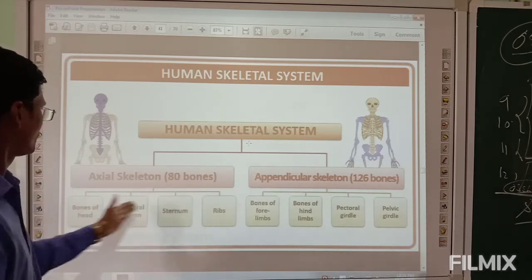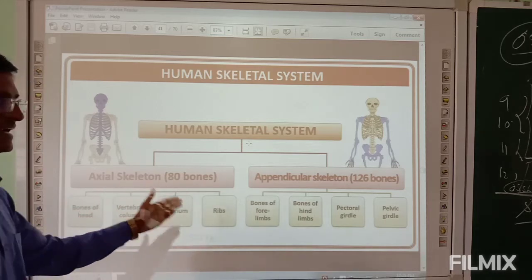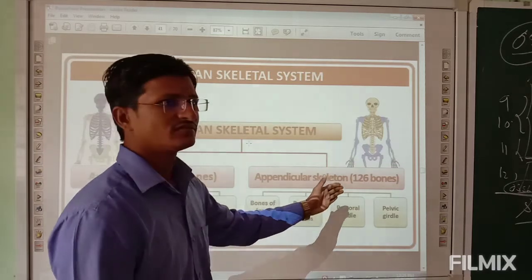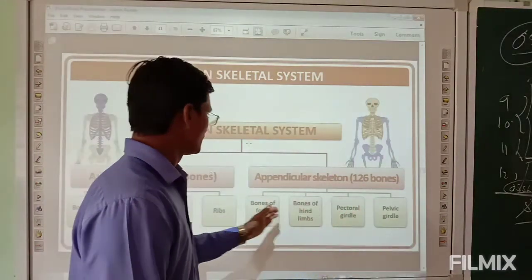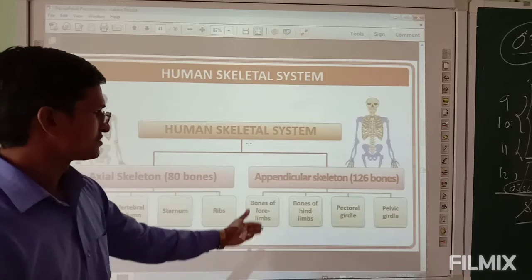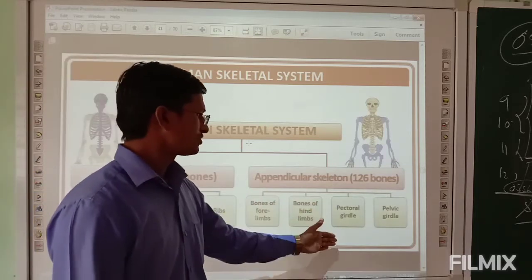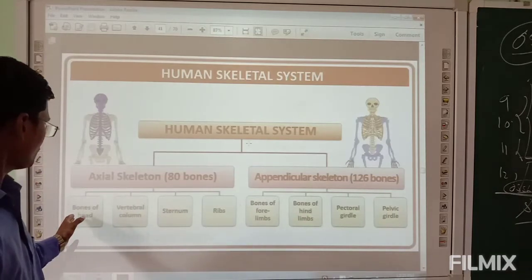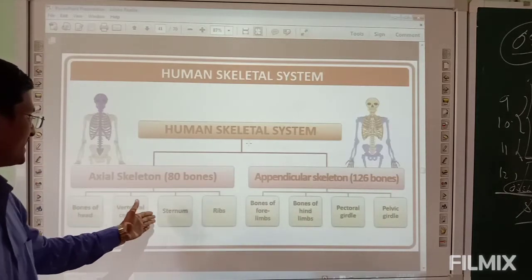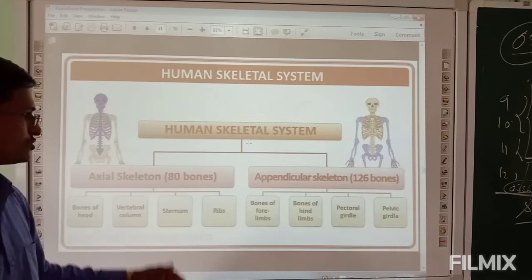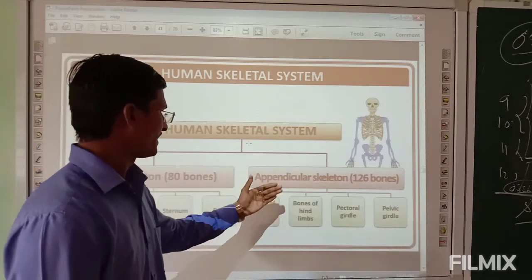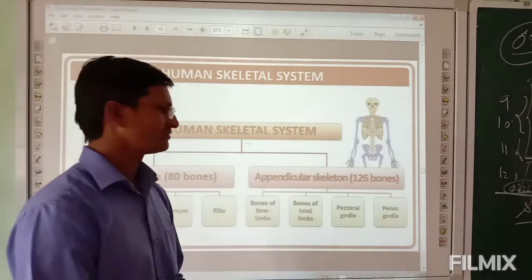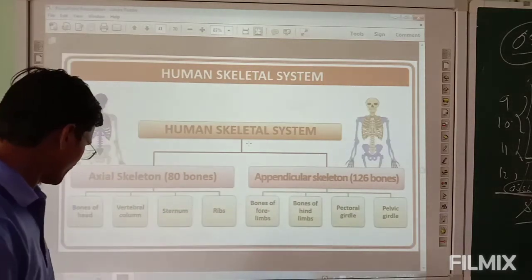Then the appendicular skeleton, that is 126 bones, includes bones of the forelimbs, bones of the hind limbs, pectoral girdle and pelvic girdle. So you can remember it as HVSR, then FHPP. It is up to you how you will remember.